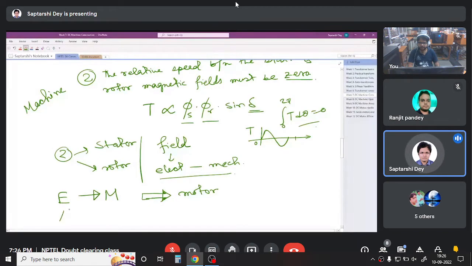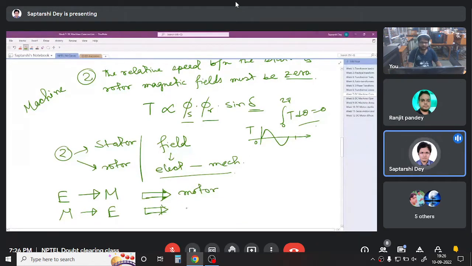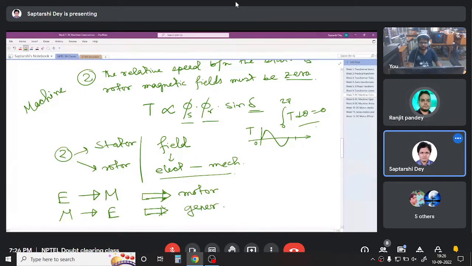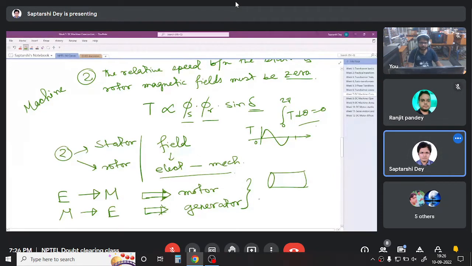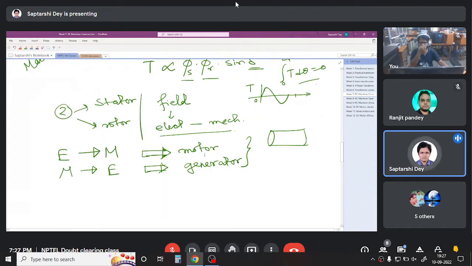And if it is the other way around, converting mechanical energy to electrical energy, that is a generator. Generally, the same machine can do both. It can convert electrical to mechanical, and mechanical to electrical. Most of the cases, all the machines that I know can do both.